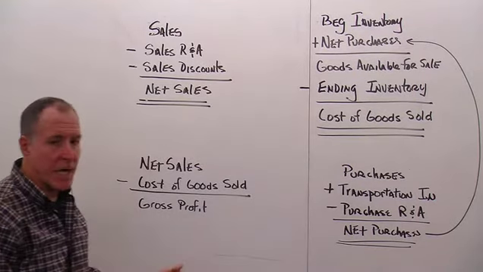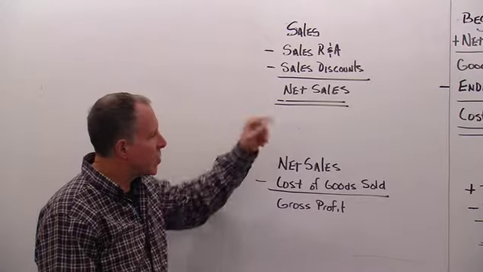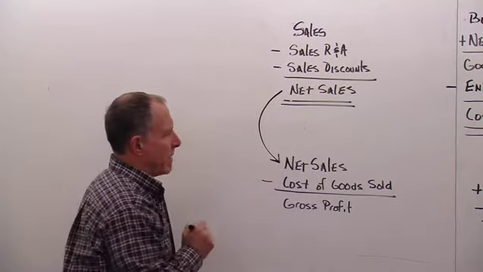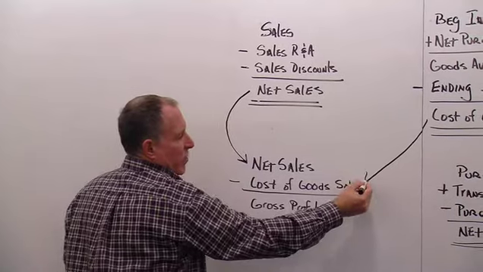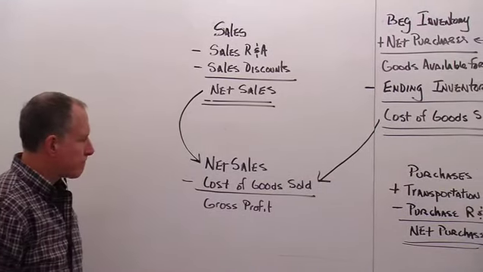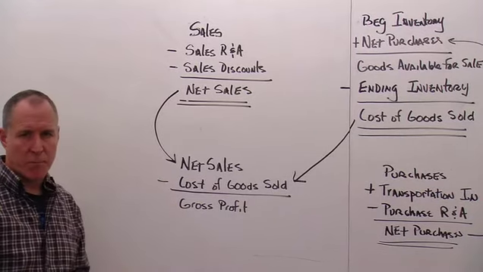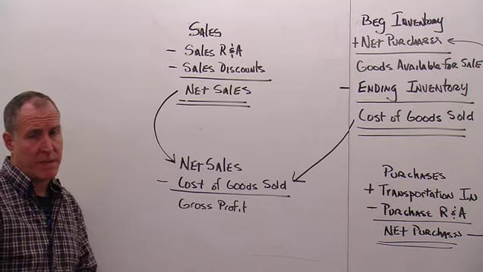Now, we've got another calculation right here. You need to know that you will take the net sales that you just calculated up above. You will take the cost of goods sold that we've just calculated there. So net sales less cost of goods sold equals gross profit. Now, that's not net profit, that's gross profit.